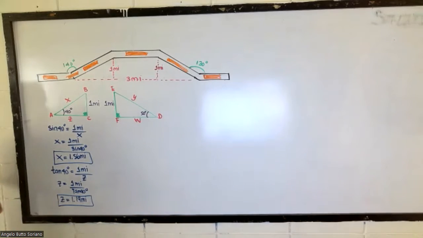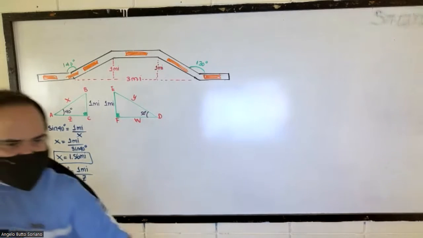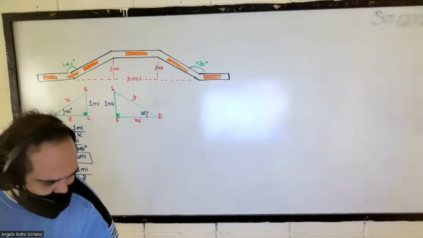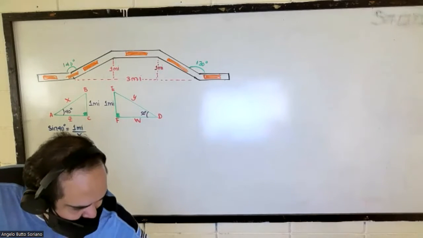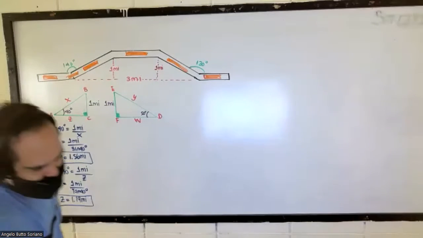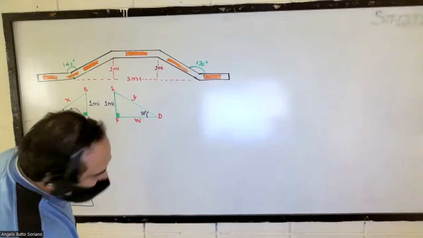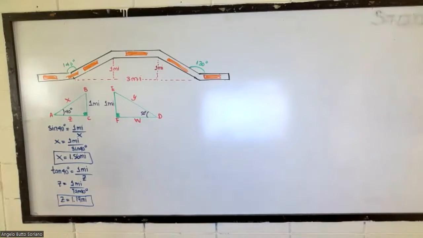Okay. This is what we're talking about in the first triangle. How about in the second one? In the second one, we're going to perform the same operation. We must use, for example, sine. In this case, what will be the difference? Instead of using 40 degrees, we must use 50 degrees.